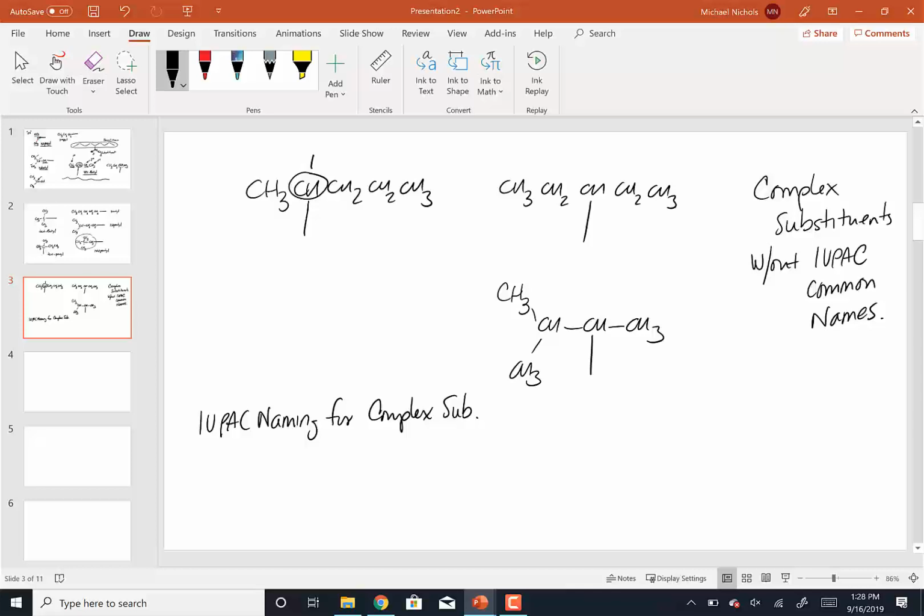Now I find the longest carbon chain. So if I go to the left, it's 2. If I go to the right, it's 4. Now this is an alkyl group. So that means the 4-carbon chain makes this group a butyl group.